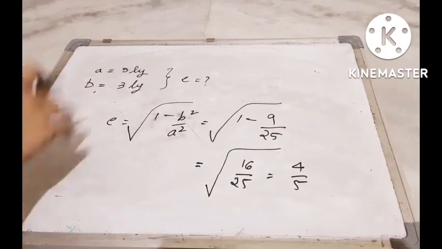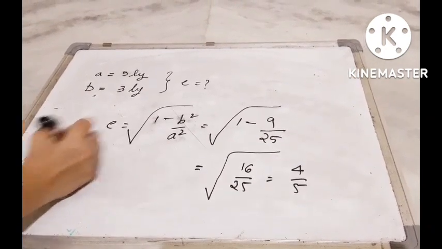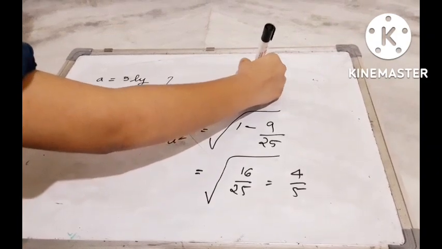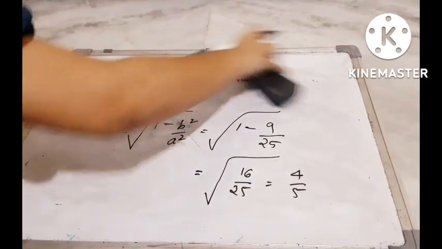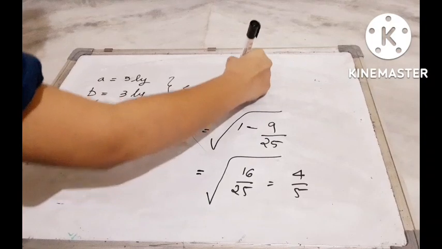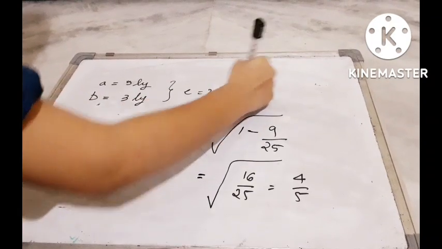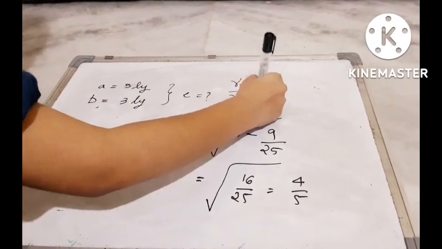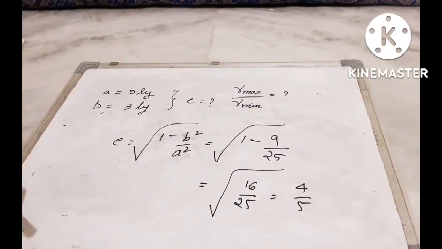Okay. In the same question, if I am asking you what is the ratio of R maximum distance upon R minimum distance, then very easy.